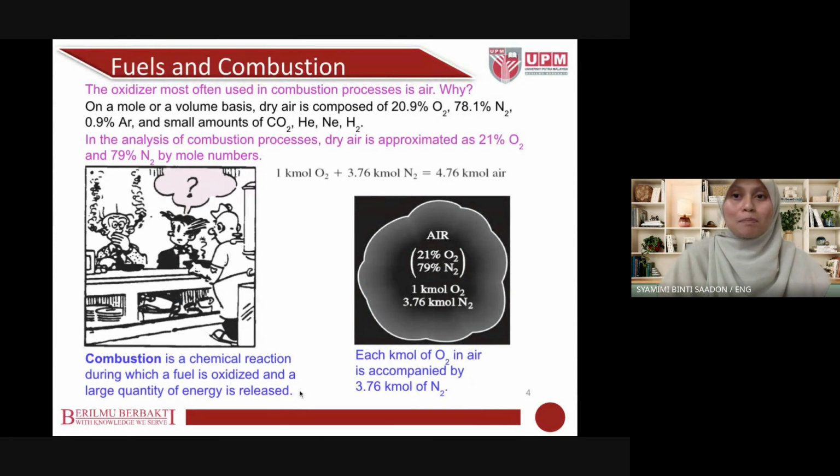When we mix the fuel and air, which contains oxygen, a large amount of energy is released, which is the thermal energy just now. When we have thermal energy at high temperature and high pressure, we can produce power by expanding in the turbine, etc. For example here, each kilomole of oxygen in air is accompanied by 3.76 kilomoles of nitrogen.